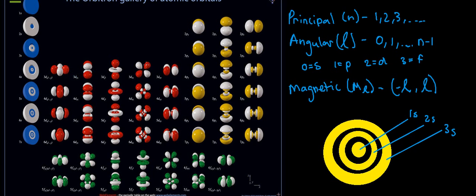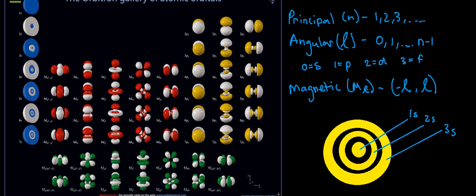They get more and more complicated as they go higher. And the f orbitals are down here, and there are 7 different ones. Some of the shapes in the middle are a little bit bizarre, but the other ones make quite a bit of sense. I don't really know what causes those, but I would like to find out one day.